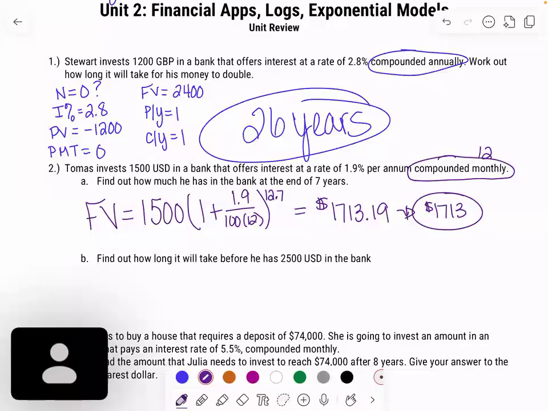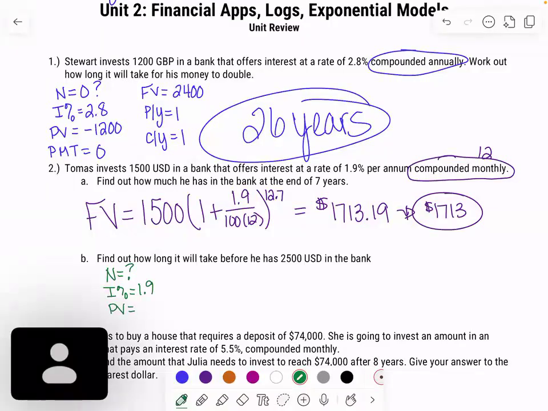All right, so find out how long it will take before he has $2,500 in the U.S. bank. So again, I could use the future value equation, I could use y equals, or I could use the finance app. So I'm going to use the finance app for this one. So again, we don't know what N is, so I'm going to put 0 or leave it blank for now. We know the interest rate is 1.9.